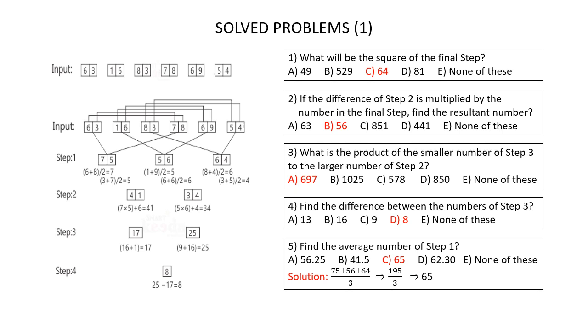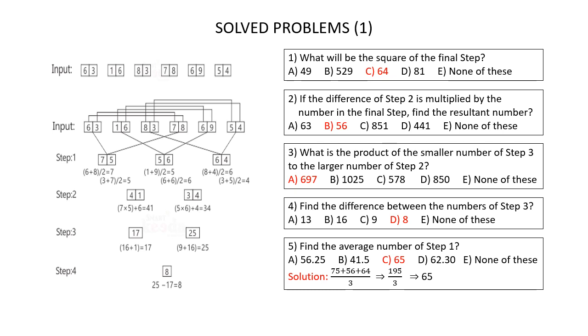So the numbers in step 2 are 41 and 34. So 41 minus 34 is 7 and the number in step 4 is 8. So 7 multiplied by 8 is 56. So the correct answer is option B, 56.